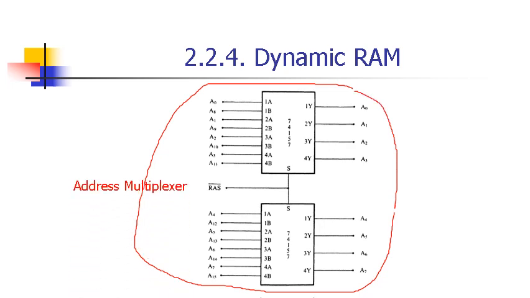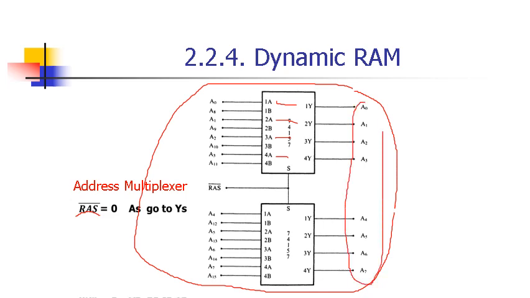Okay, if your row address strobe is 0, your A's go to Y, and you would have A0 through A7. This is 8 bits for the first row provided to some chip. If otherwise your RAS bar is 1, your B's go to the Y's.